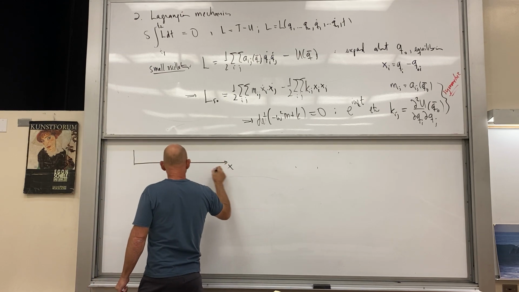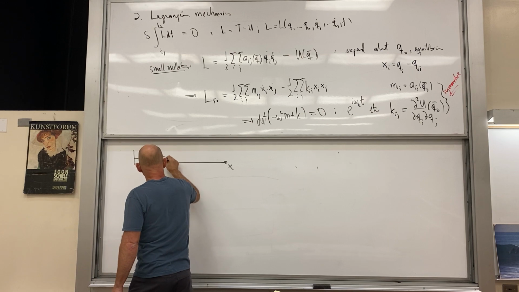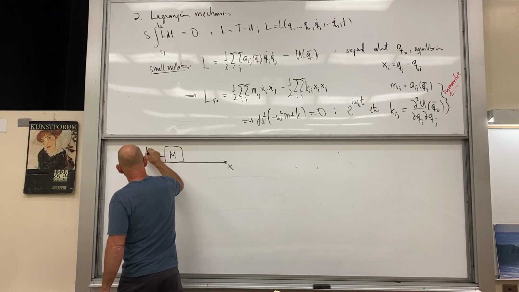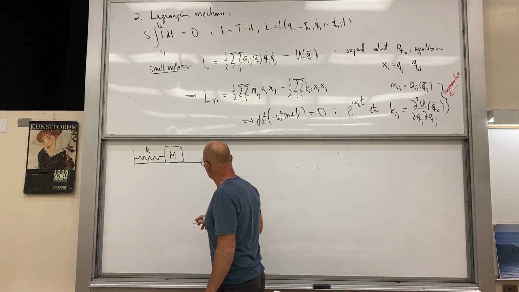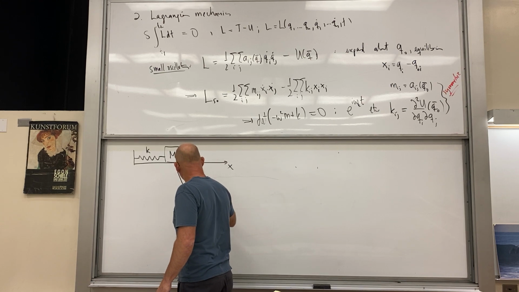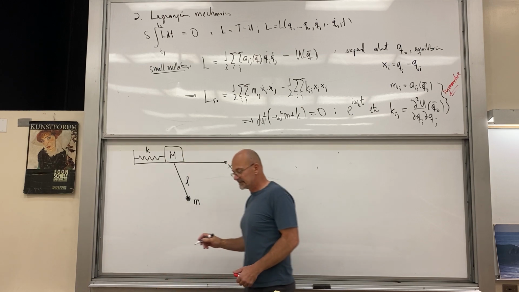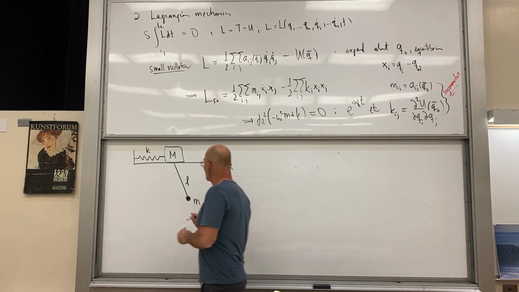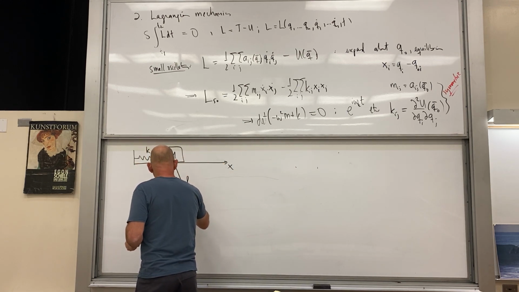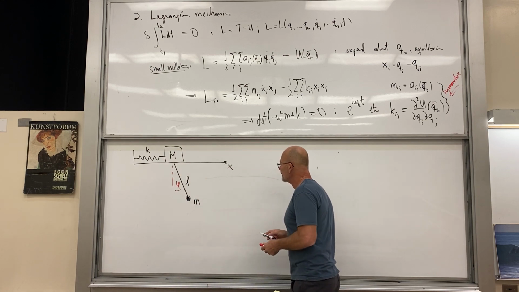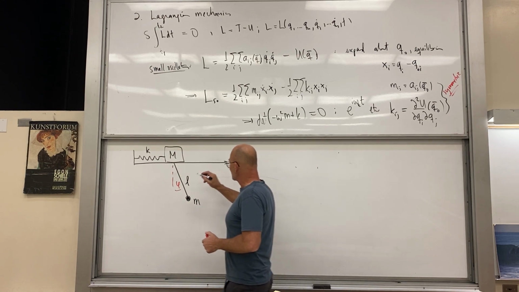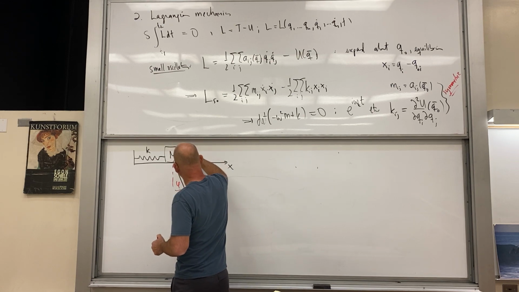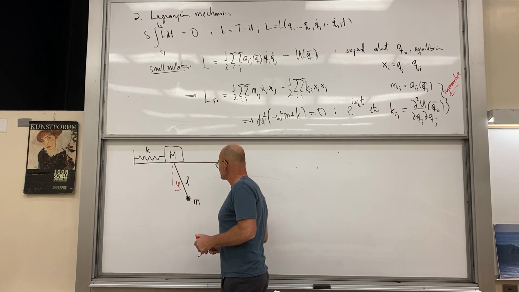So we have on our x-axis a mass on a spring, capital M, spring K. No friction, and we're just going to hang a simple pendulum from that mass. This one has the full richness of the entire theory. So suppose we have an angle phi right here, and the coordinate x for this mass right here.